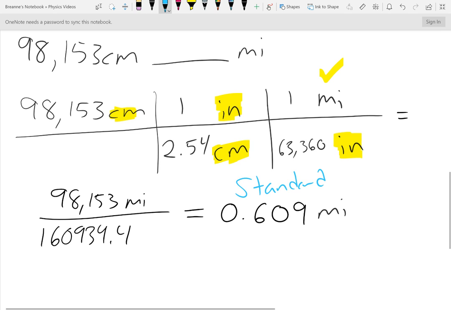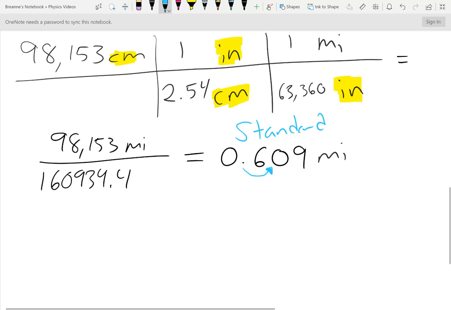If we want to put it into scientific notation, the decimal has to go behind the 6 because we want one number that's not a 0 in front of the decimal. Now again, let's look at this. 0.609 is smaller than 6.09.